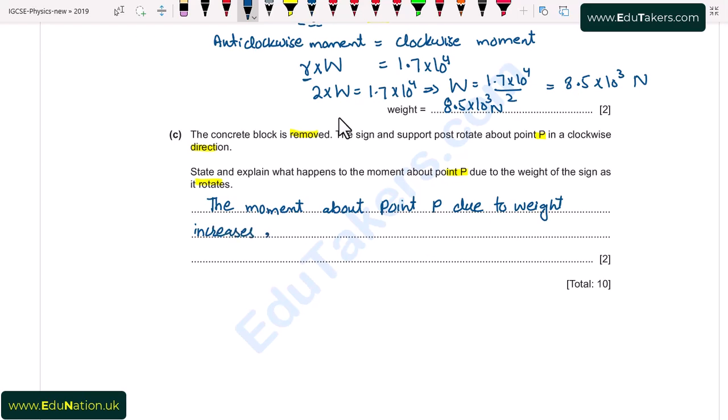Because the distance between the weight and pivot point is increasing. So I write: by increasing distance between weight W and pivot P.